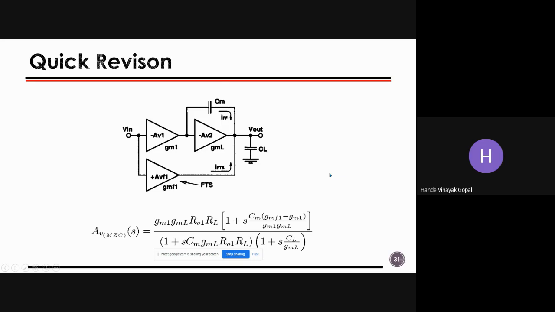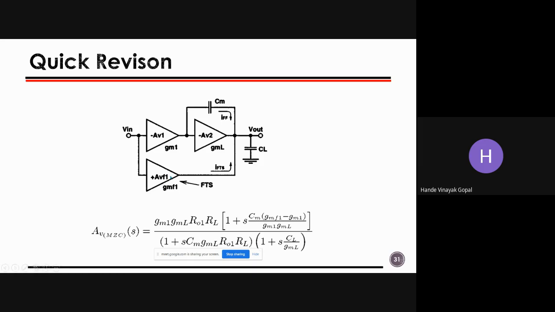And we can also see over here the transconductance of AV1 and the transconductance of AVF1. If we are able to make them equal, then I can cancel the zero altogether.